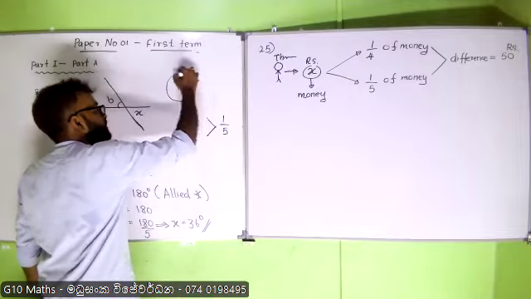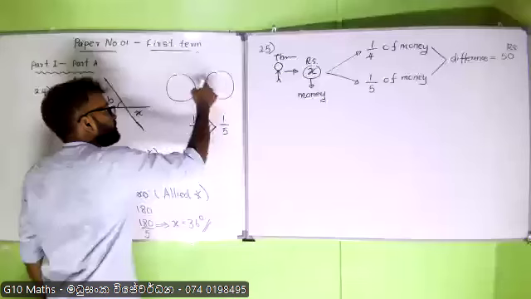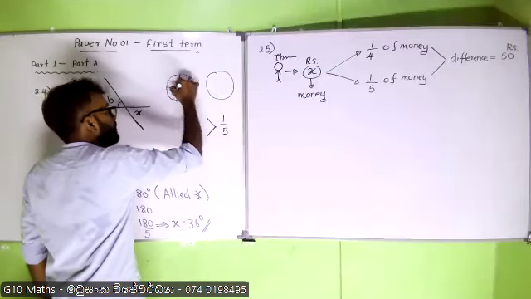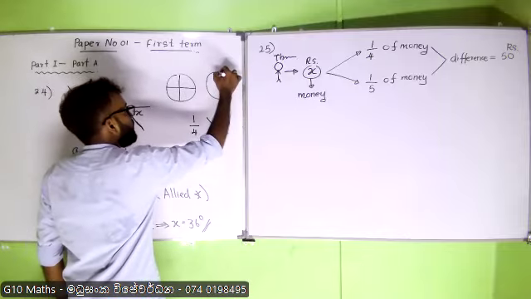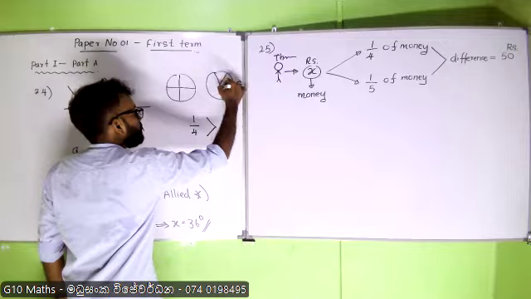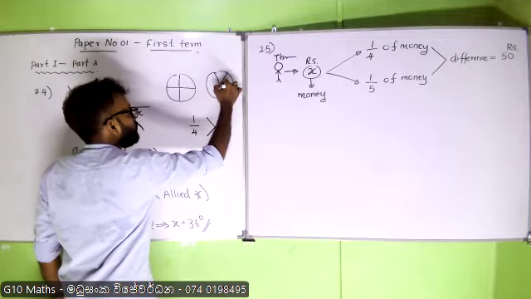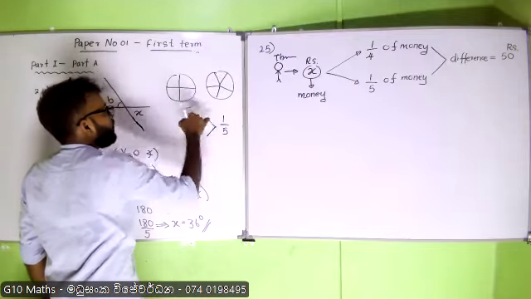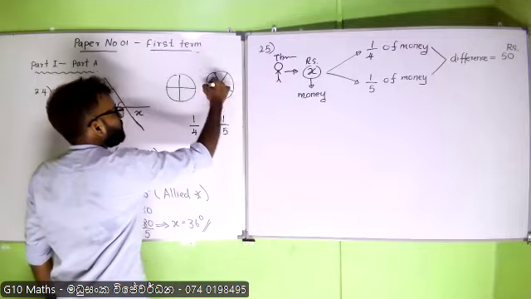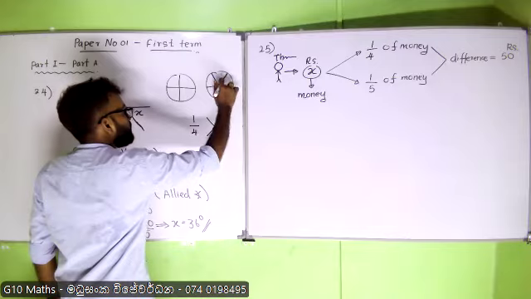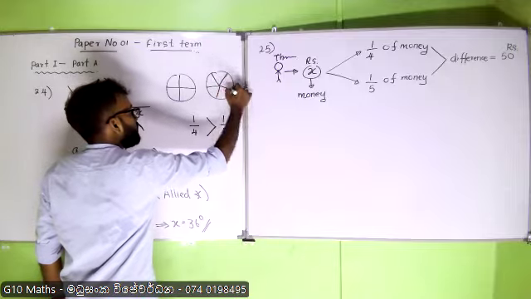If I draw the same cake, I will divide it into 4 equal parts, and into 5 equal parts: 1, 2, 3, 4, 5. Which one is bigger? You need to understand that.